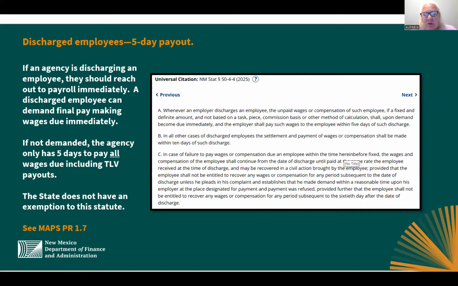I don't know that the MAPS PR 1.7 has been updated for the most current turn of events, because all of those updates were made in like March.